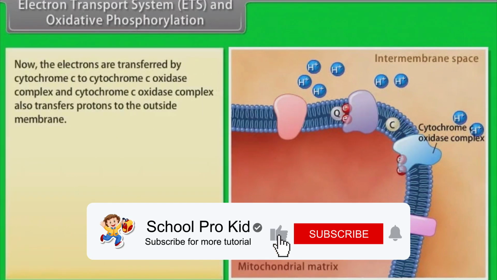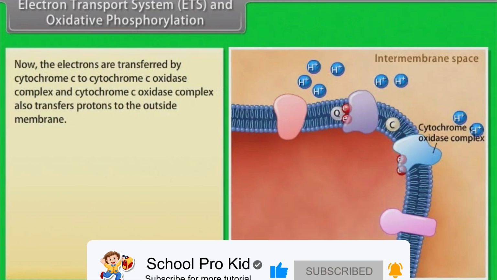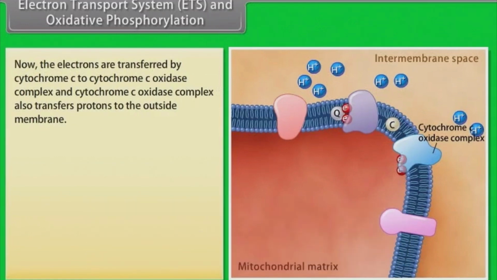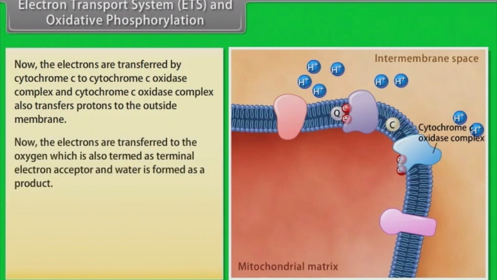Now the electrons are transferred by cytochrome C to cytochrome C oxidase complex, and cytochrome C oxidase complex also transfers protons to the outside membrane. Now the electrons are transferred to the oxygen, which is also termed as terminal electron acceptor, and water is formed as a product.